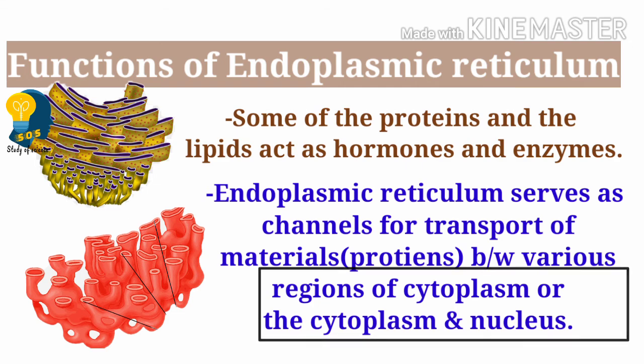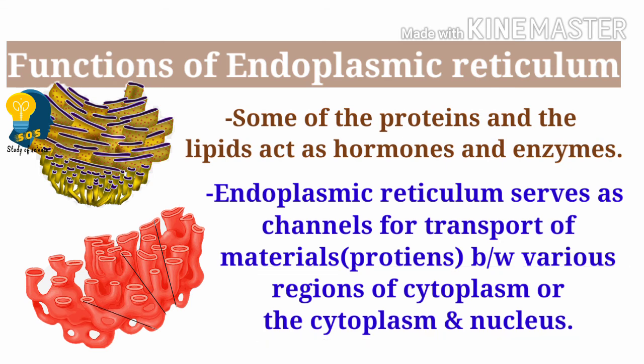I repeat this point, please listen. This network system acts as a channel for the transport of materials, especially proteins. They transfer between the various regions of cytoplasm, or between the cytoplasm and the nucleus.